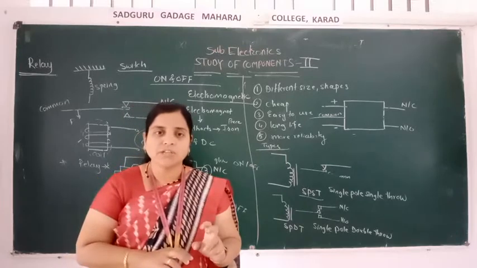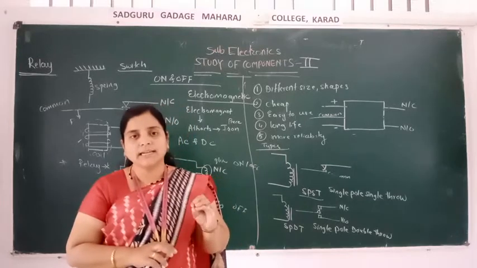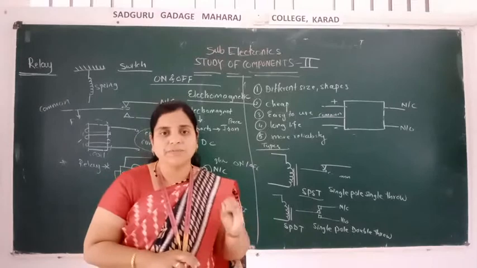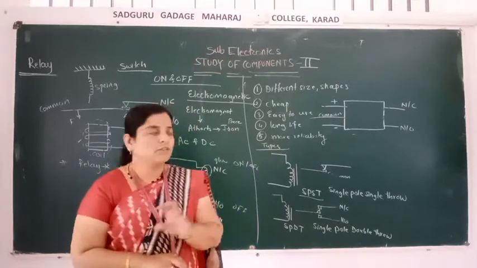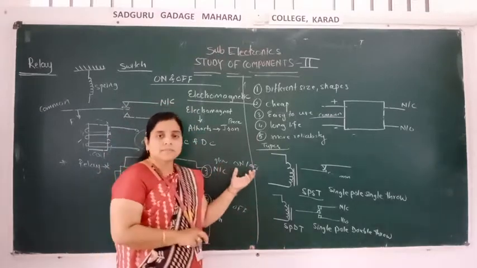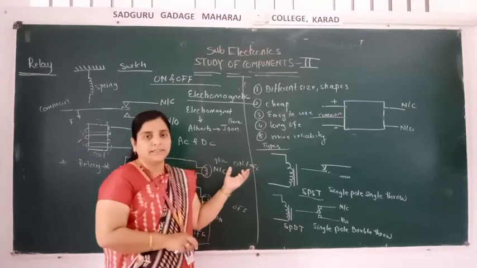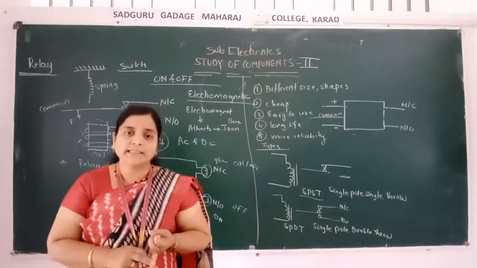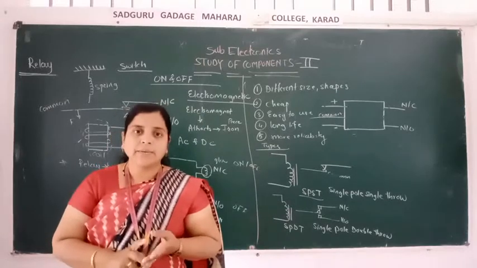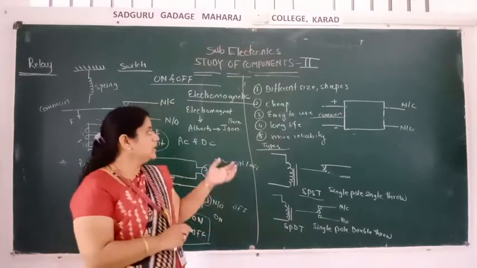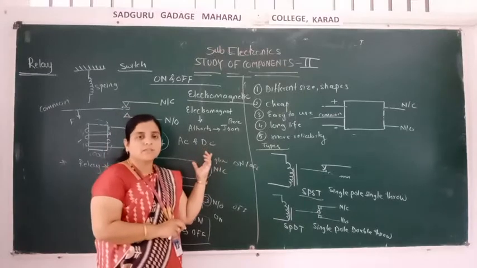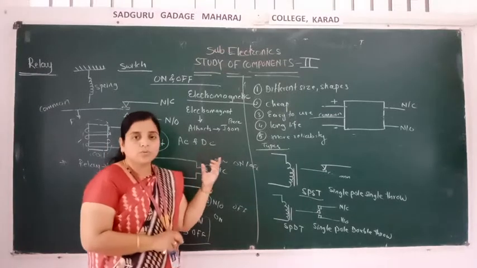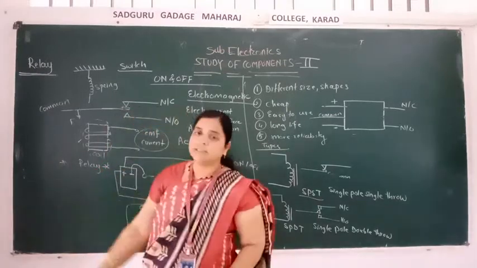Basic things which are required in electronics, those basic components we have studied in the first part. The second part is what? It's the semiconductor devices. Means what? It is the switches, relays, batteries and PCBs that we are going to study in this part. Okay. So first of this, before going to switches, we are going to study the relay.